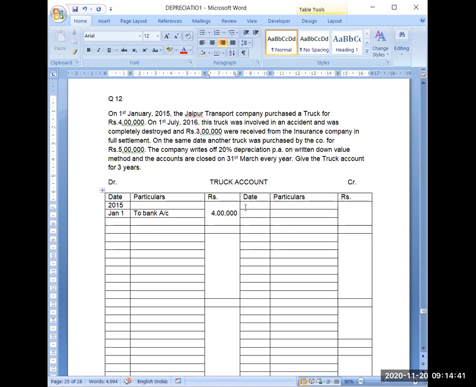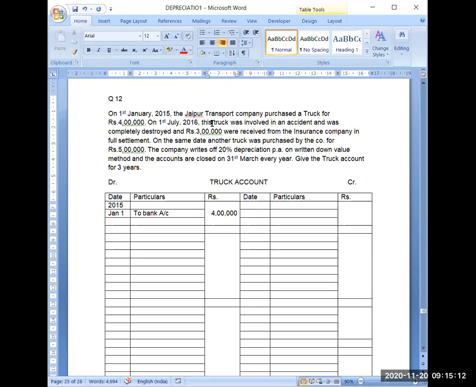Okay. Now the year is 15-16. And the year 15-16 usually starts from April 1st, 2015 to March 31st, 2016, as the accounts are closed on 31st March every year. So in that case, because there is no other transaction given, on 1st July 2016, this date will be after 31st March 2016. So this is a transaction for next year, not for this year.